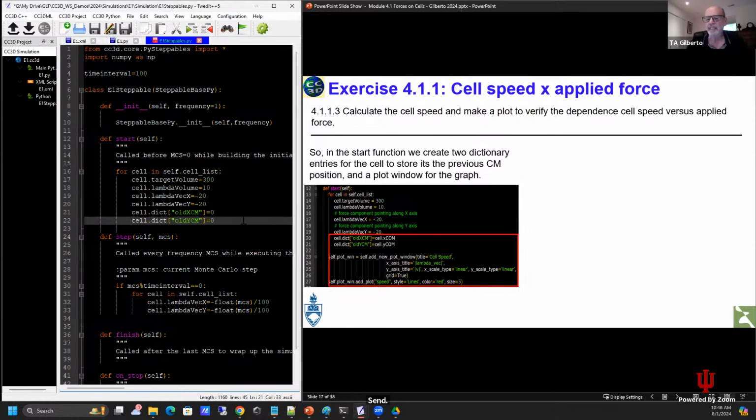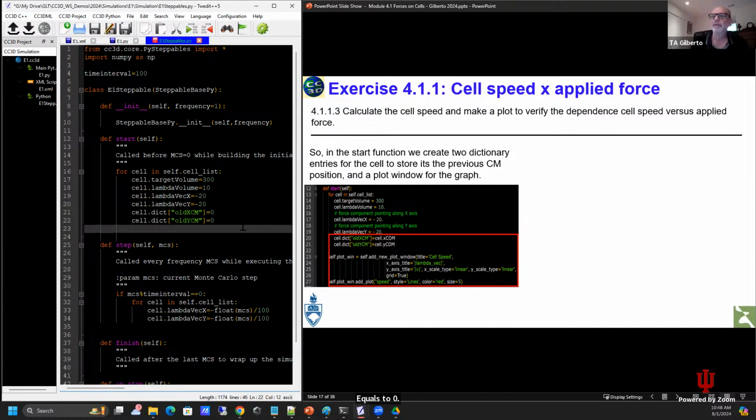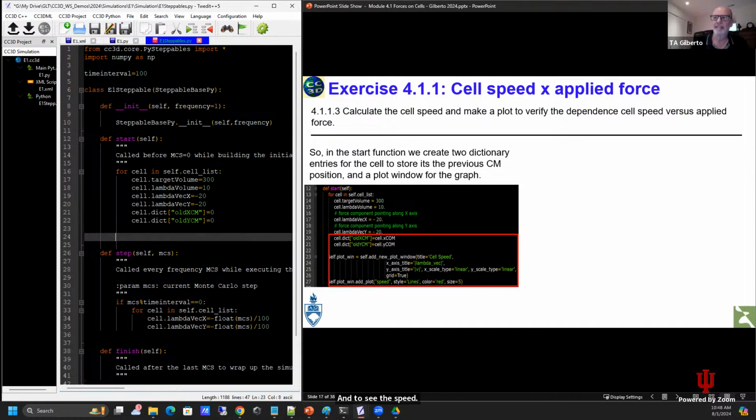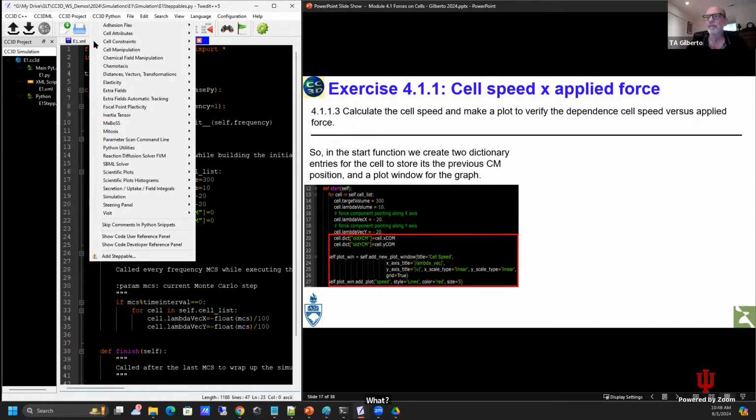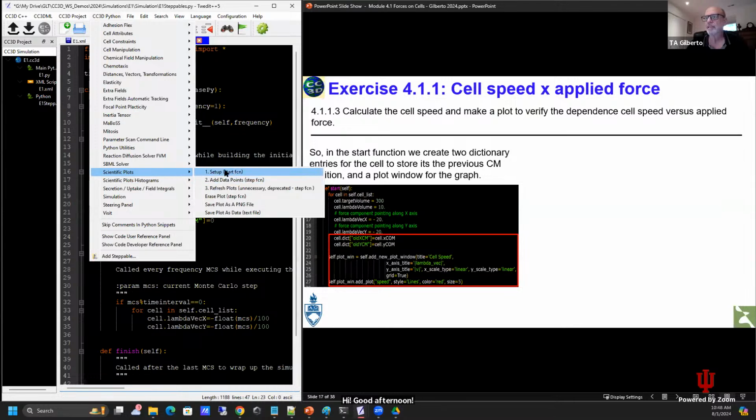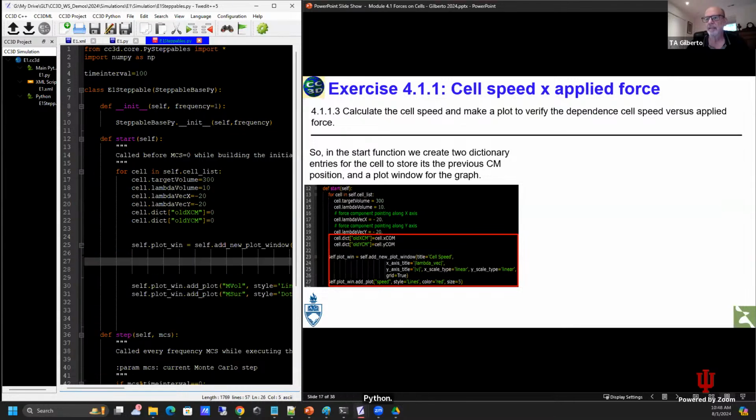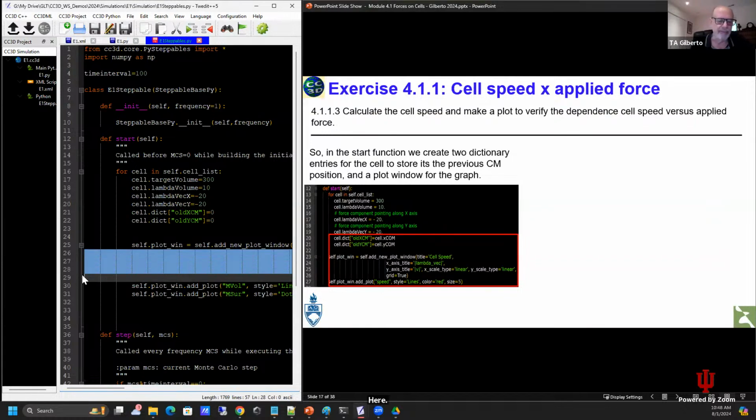And to see the speed, I will add a graphic window, Python plots here. The next exercise, I will grab the one I have ready and go over it, because typing is going to be much more frequent here.